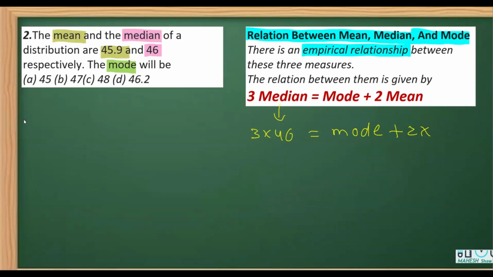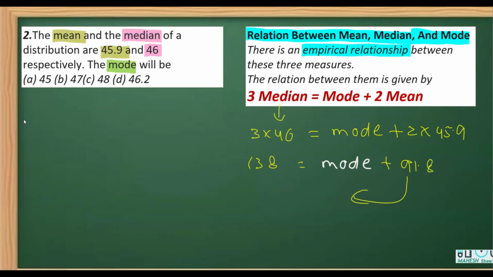Mean is given as 45.9. Now we'll multiply this. 3 into 46 will give you 138 is equal to, as I said, we need to determine mode. So we'll keep mode as it is, and plus the 2 multiplied by 49.5 should give you 91.8.